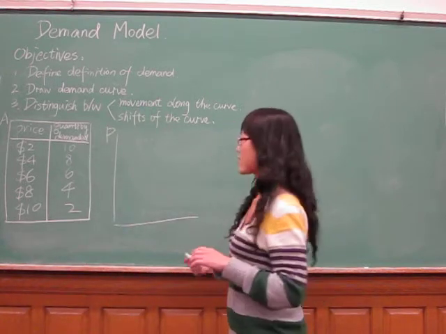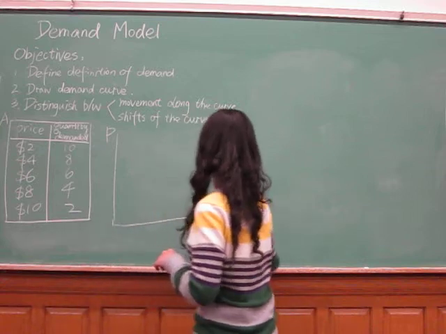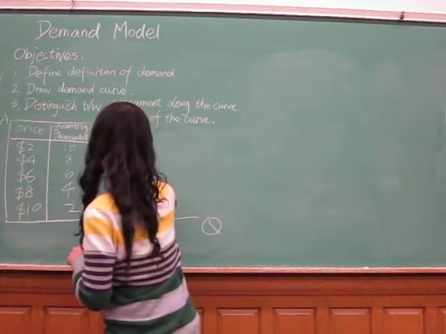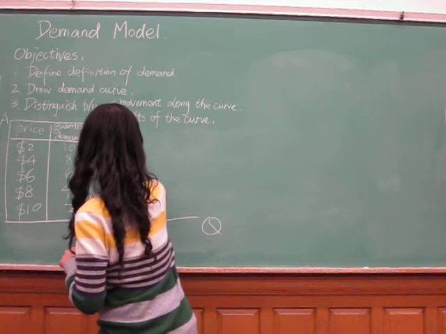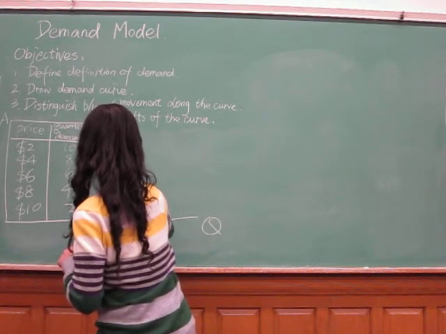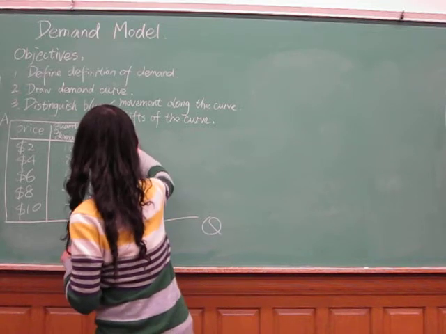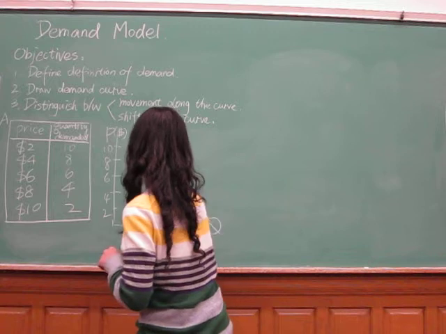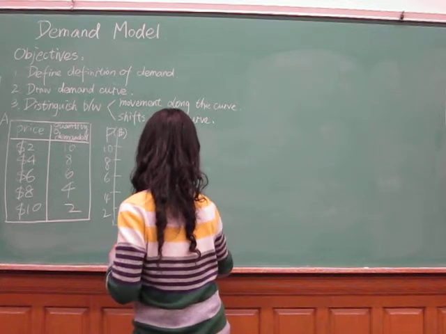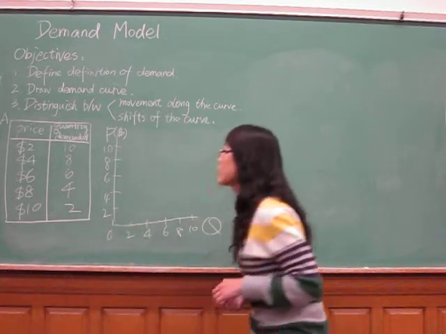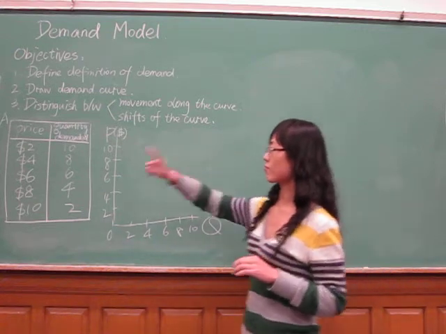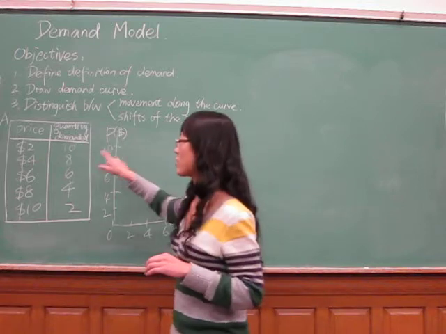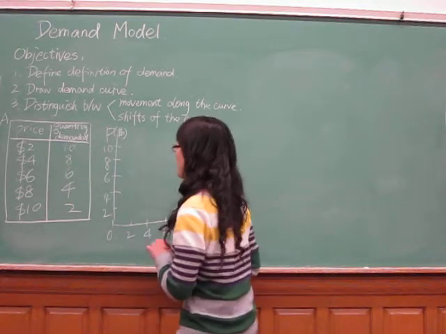The vertical axis is the price, and the horizontal axis is the quantity. Each point in the graph corresponds to an entry in the schedule.